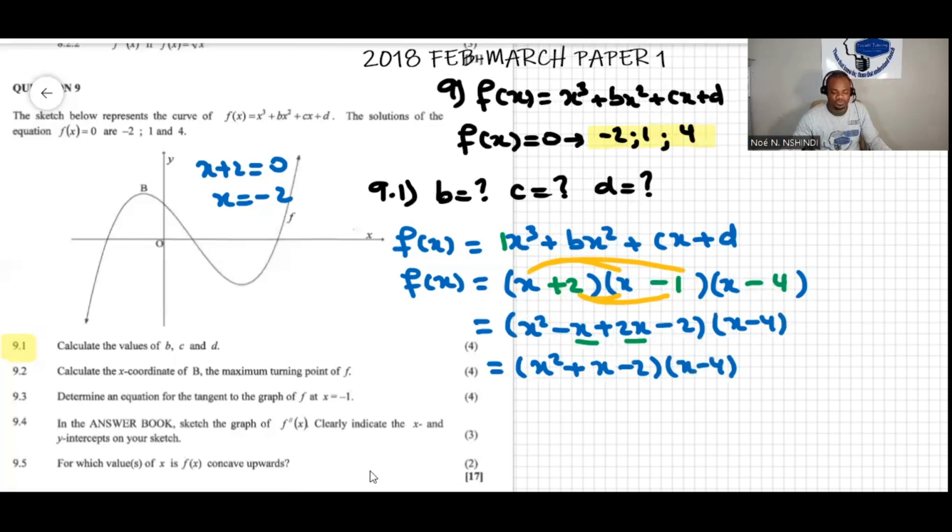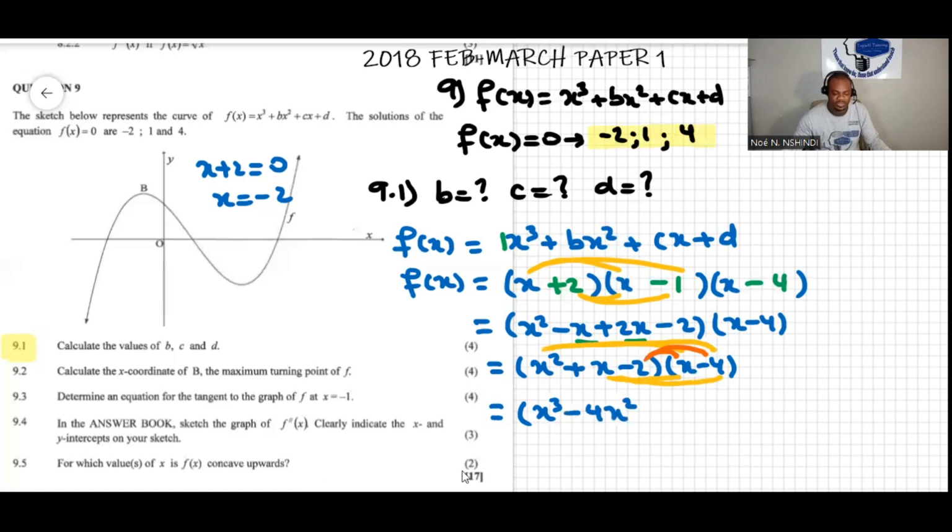Then we can continue: we do x squared times x, and then x squared times -4, and then x times x, x times -4, and then 2 times -4 and -2 times x as well. Remember we did this in grade 9 and grade 10 when multiplying polynomials. Now, x squared times x makes x cubed, and x squared times -4 makes -4x squared.